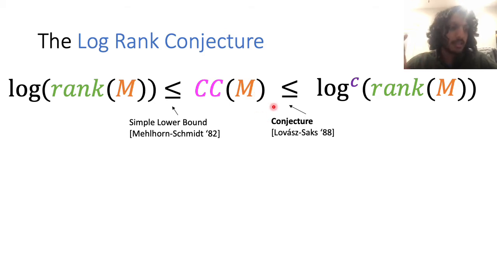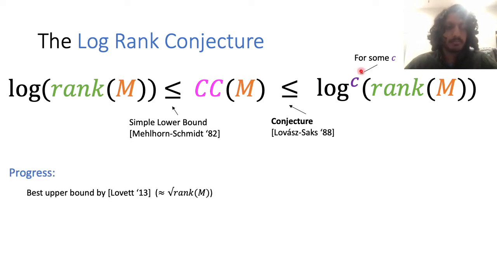It's perhaps the most outstanding question in communication complexity right now. It's certainly the longest standing open question. And I should say, the log rank conjecture says that this inequality holds for some C. So what do we know about the log rank conjecture?